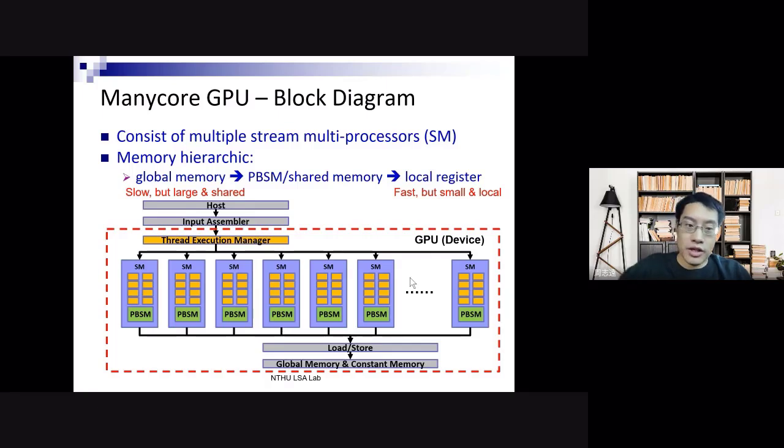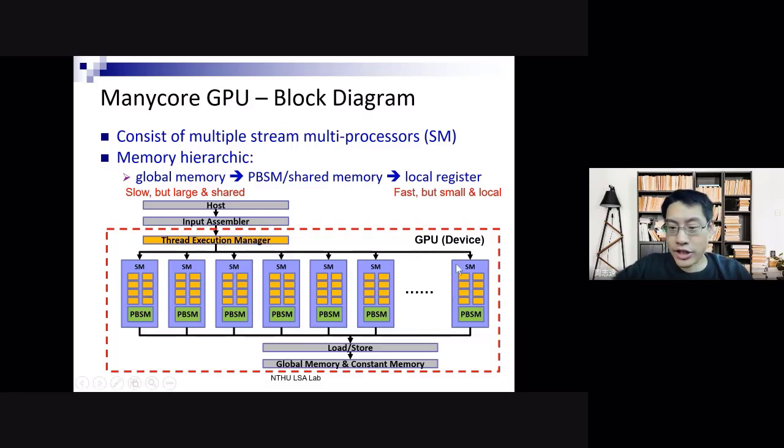Here's an overview where we look deeper inside a GPU. This is a general GPU architecture, and as you can see, a GPU has so many cores, so it needs a scalable architecture to coordinate them. What it has is a hierarchical structure.